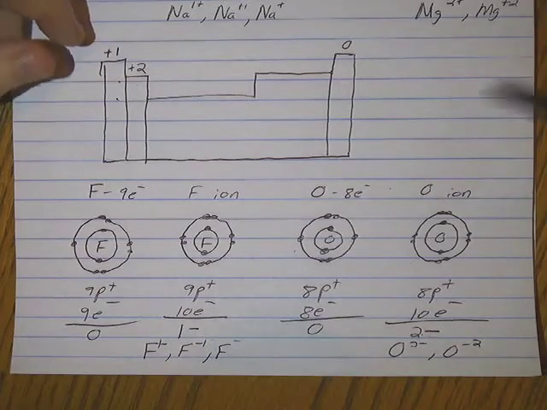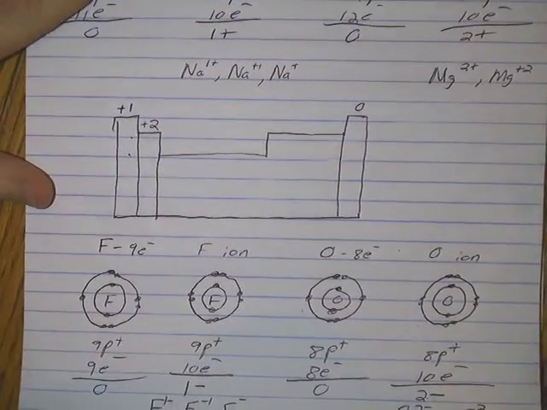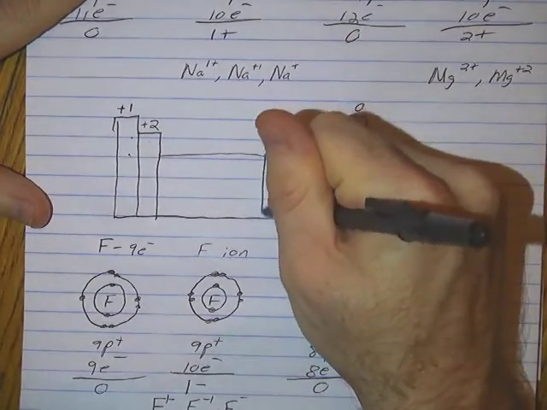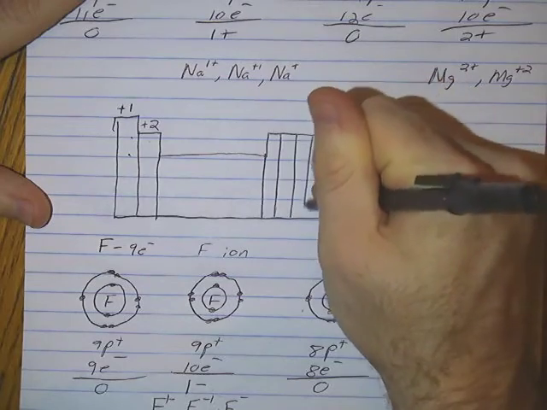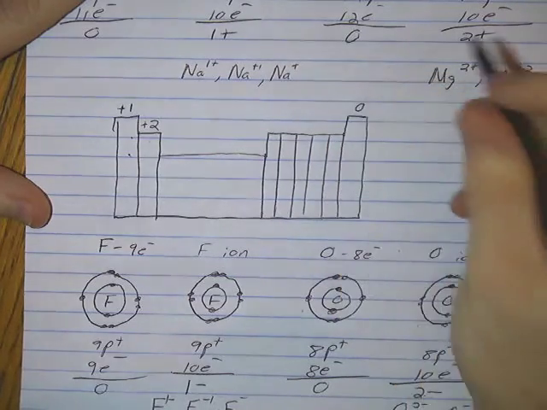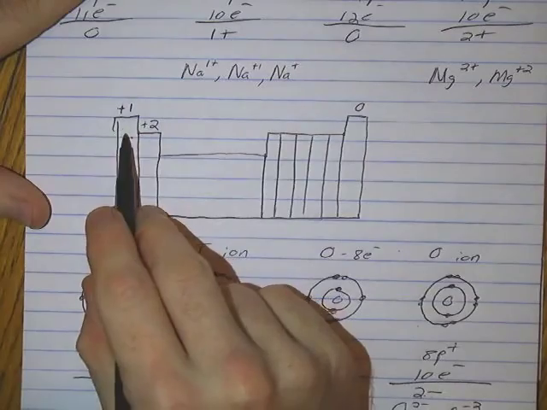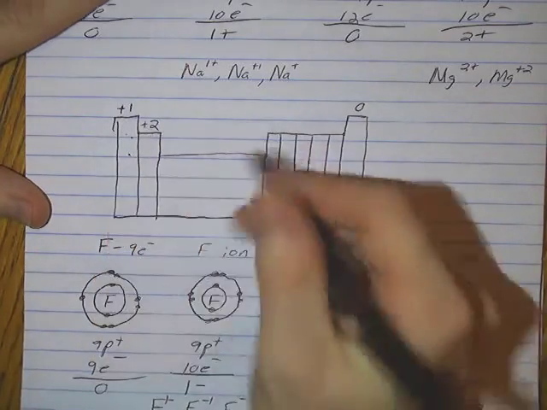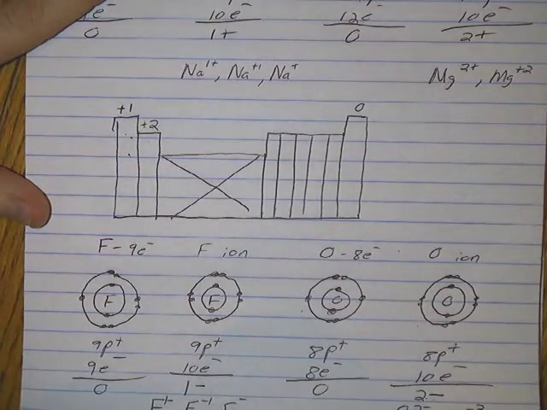Okay? So coming back up here to our periodic table, we could fill in the charges for the remaining groups. Now we started with group 1 is +1, group 2 is +2. We completely skip the transition metals. We don't care about them.